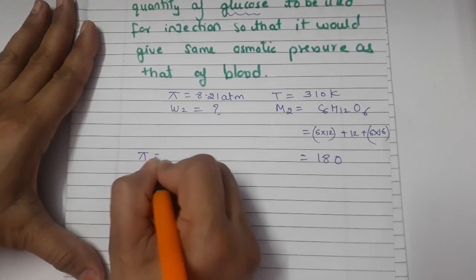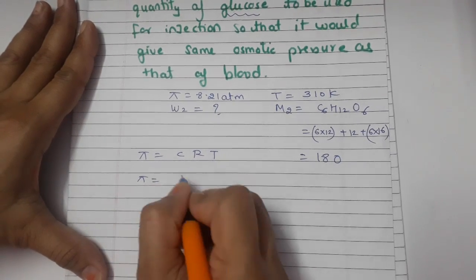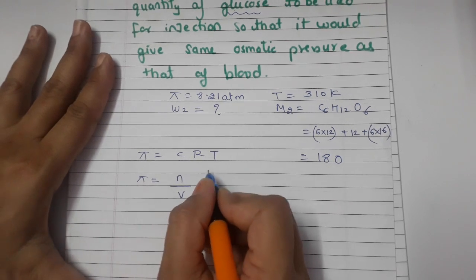So we have pi is equal to CRT, and what is concentration? Number of moles upon volume.